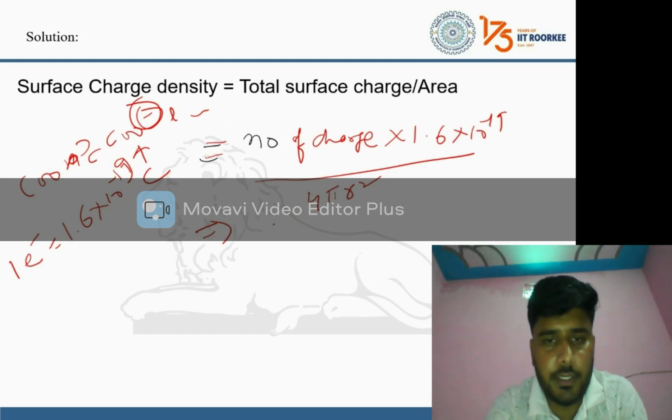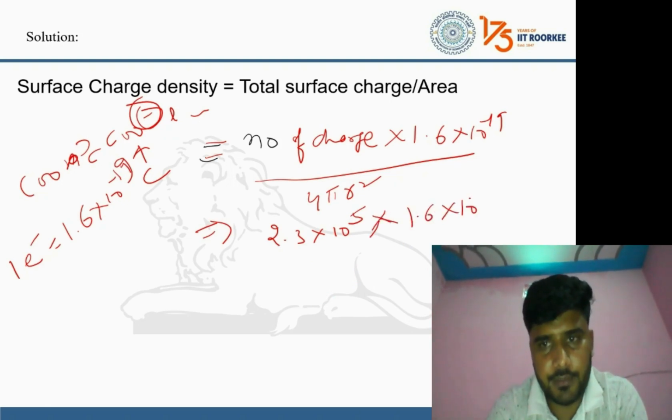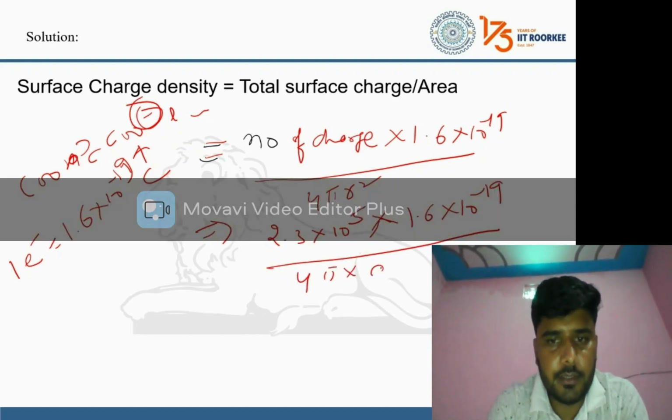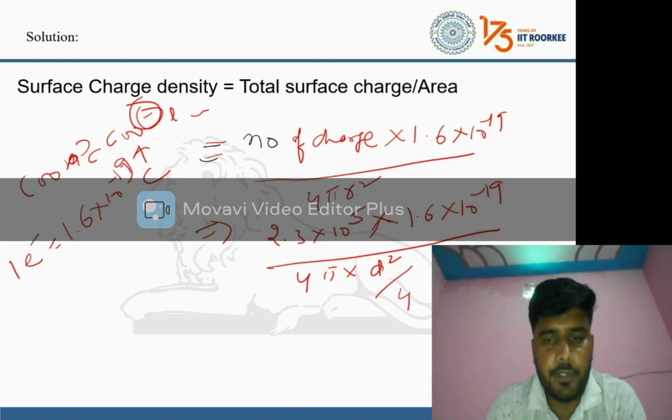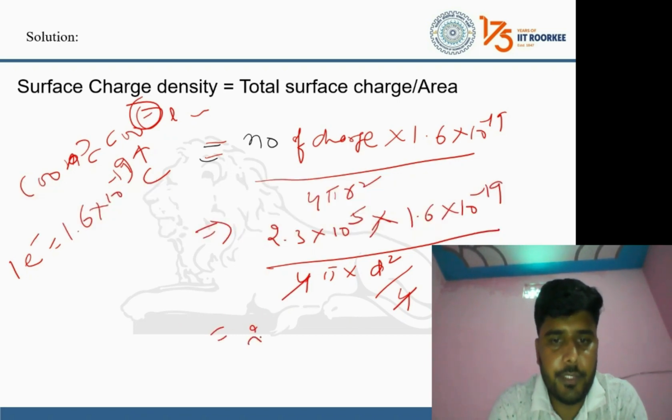The number of carboxyl groups is 2.3 into 10 to the power 5, into 1.6 into 10 to the power minus 19.